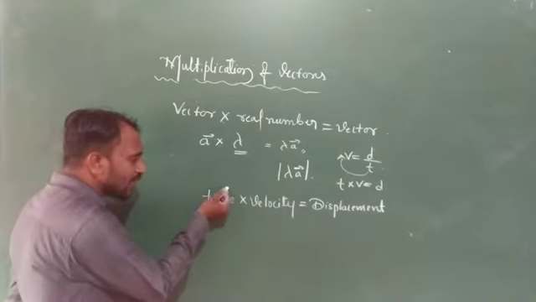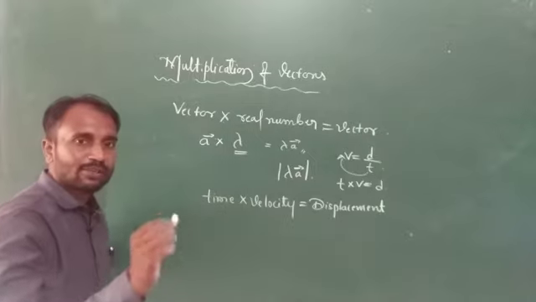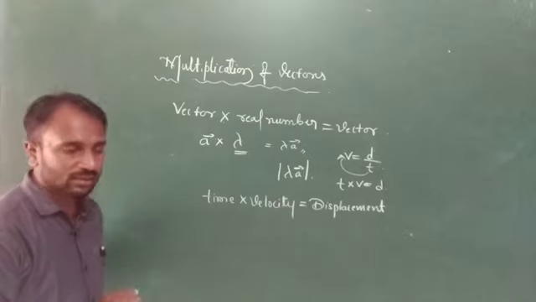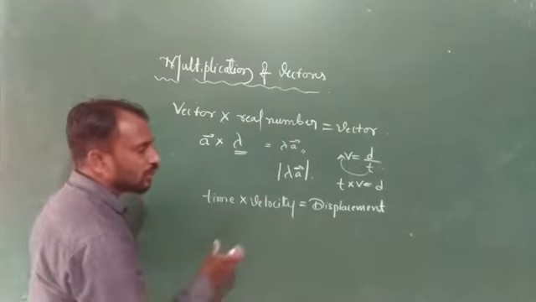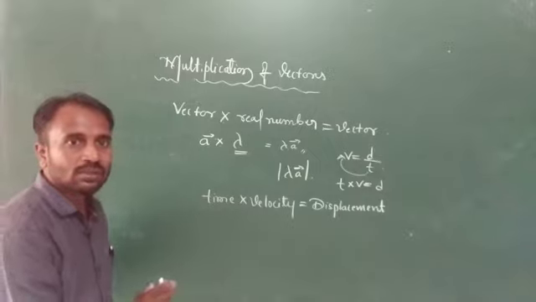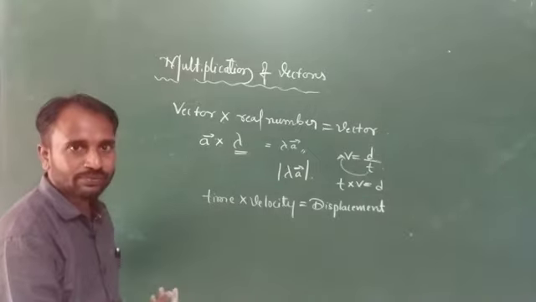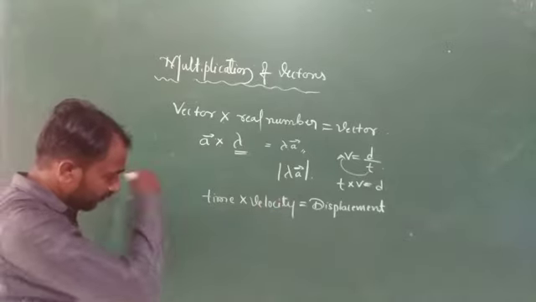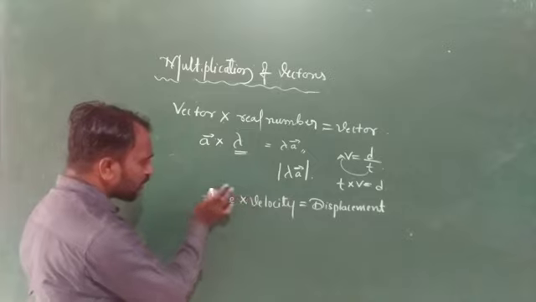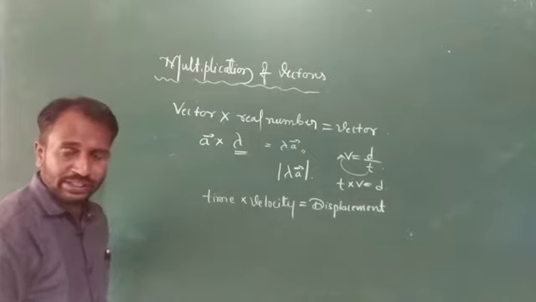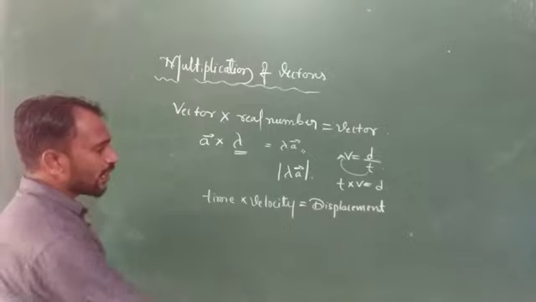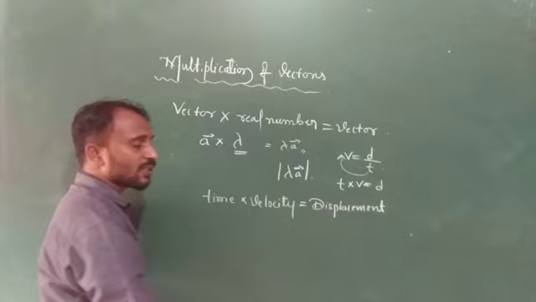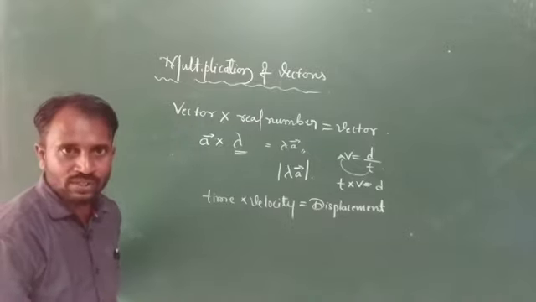Here we consider just one real number. For example, 1 second into 25 meter per second velocity, then we get a displacement. Time has one unit, the second, and velocity has one unit, meter per second, and displacement is also one SI unit, the meter.